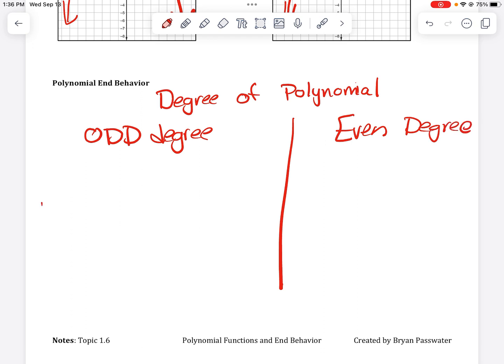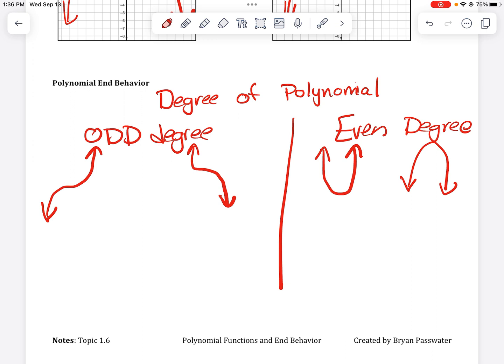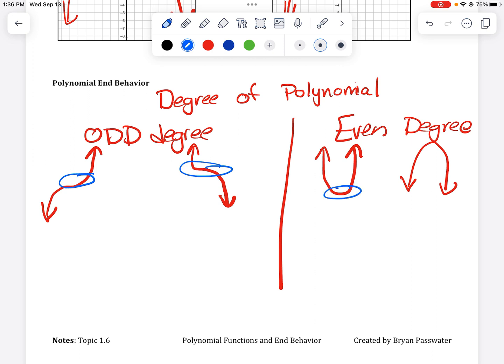We said it either looks like this if it's odd, or like this. Even was something like this. And again, when we looked at your graph, these are just the ends. There's a lot that could be going on in the middle, so I'm just going to shade that in. It might not look anything like that, but it ends like one of these if it's odd.